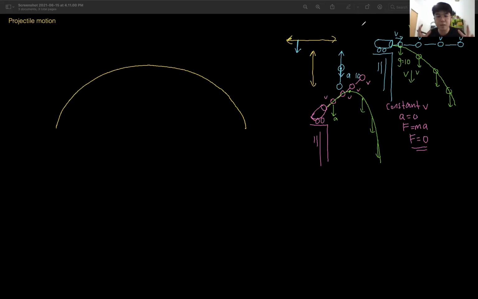Okay, so resultant force is 0, but it is moving. Have to understand that. Okay, so why does the object move here then? Because of the inertia of the object, the ability of it to maintain its motion because it moves here. So overall, there's only one force acting. It is the gravitational force, and that force creates a curving downward. That is projectile motion.